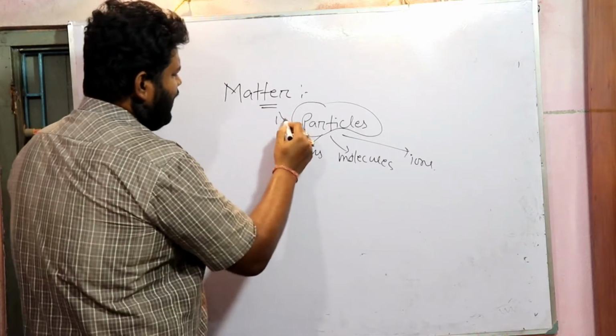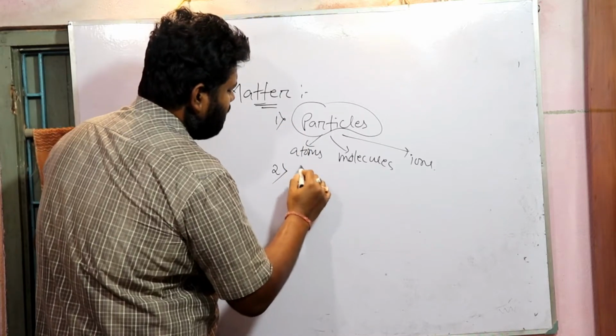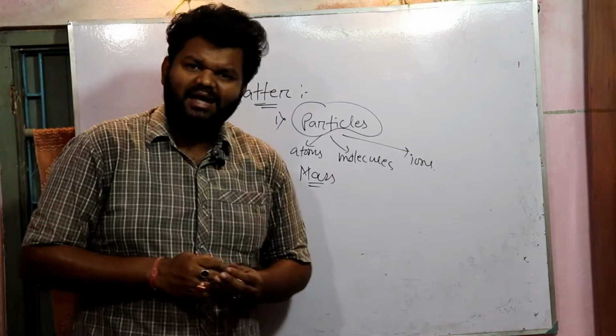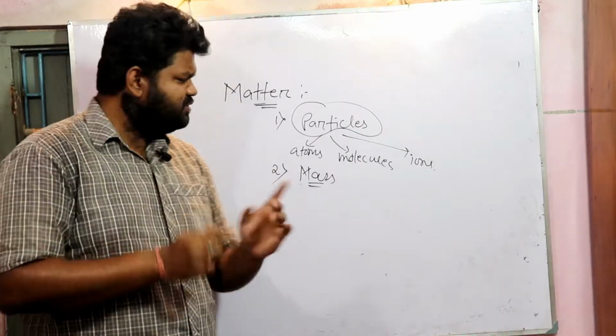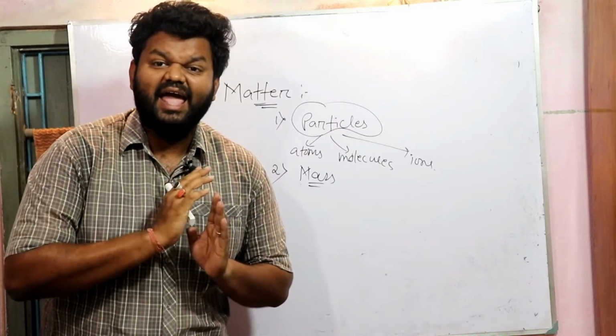And point number 2 is that matter has some definite mass. What is the main difference between mass and weight? The main difference is that mass is constant everywhere.